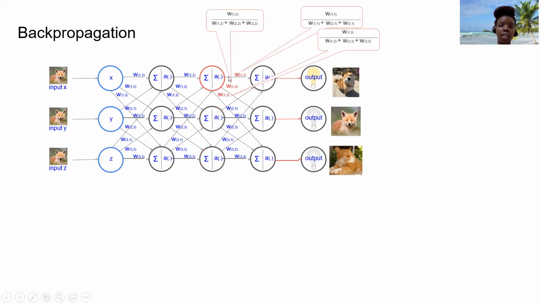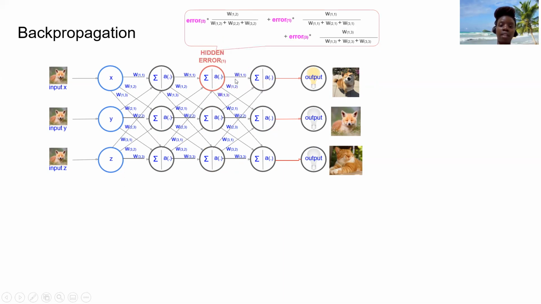We can compute the error of each weight associated to the node. Then we add them together and multiply with the error that we had computed before.